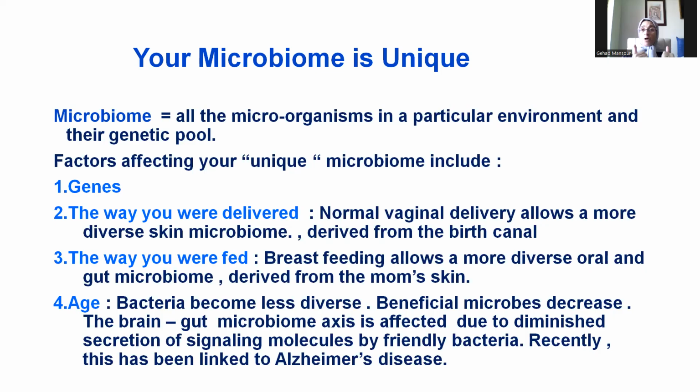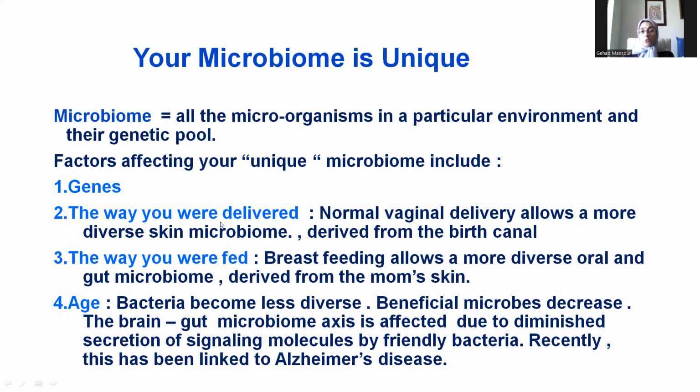Like what? Number one, the genes you have inherited from your parents, and in particular, the maternal genes you've inherited from your mom. The second thing, the way you were delivered. There are some people who are delivered through normal vaginal delivery, and others through cesarean sections.